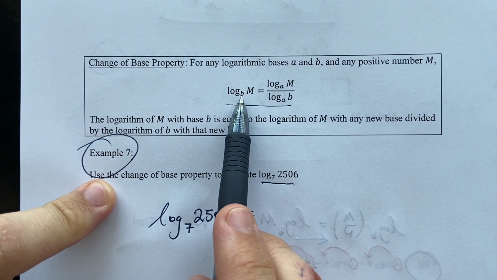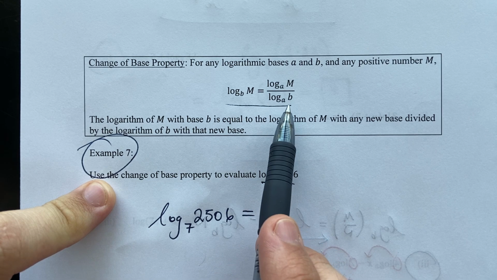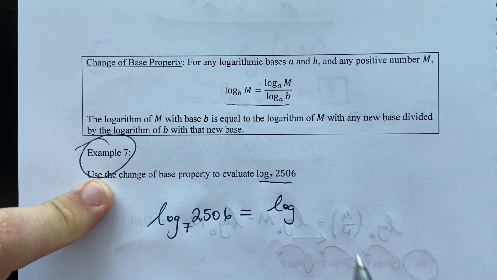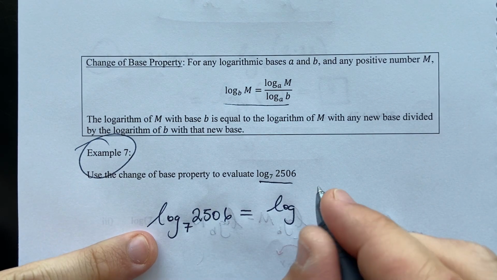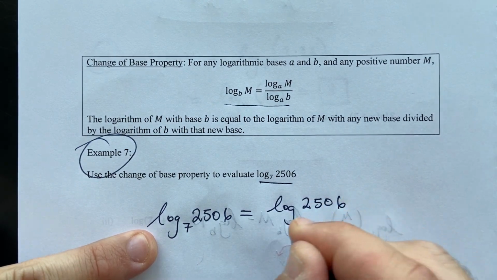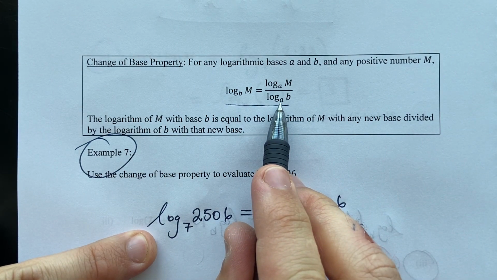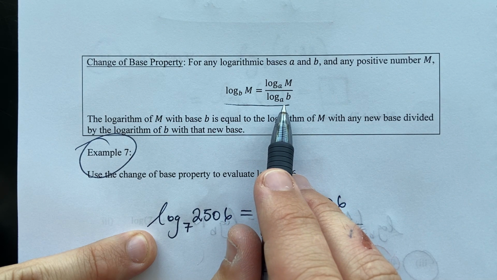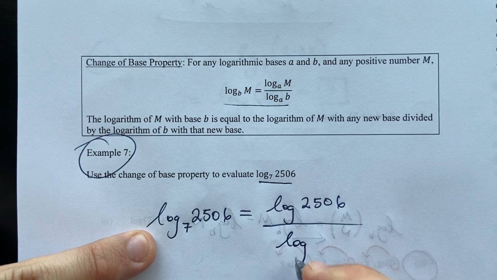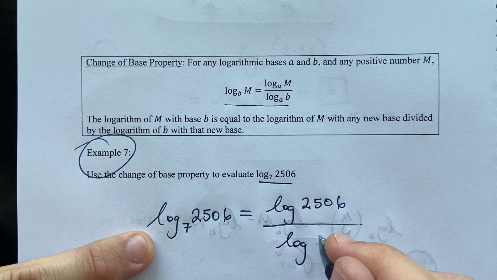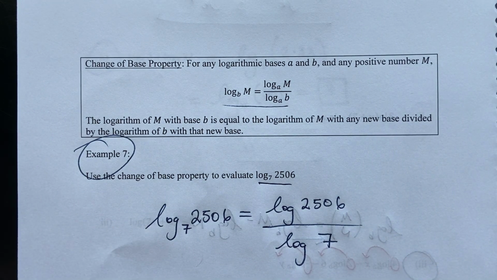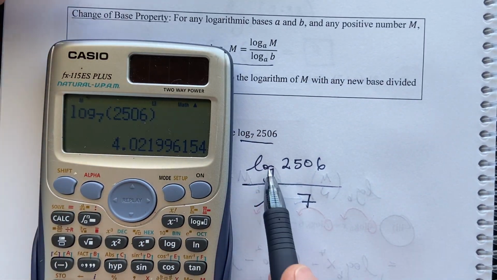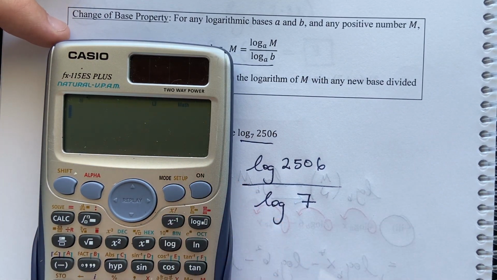then this would be equivalent to log base whatever. So I can use log base 10 of the argument, so 2,506, over the log of that same base. The base just needs to be the same. It doesn't matter what base you use. So I'll just do log of 7. So this should be the same, and you should have those log buttons at the very least on your calculator.